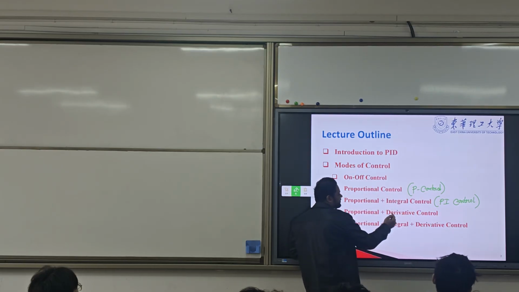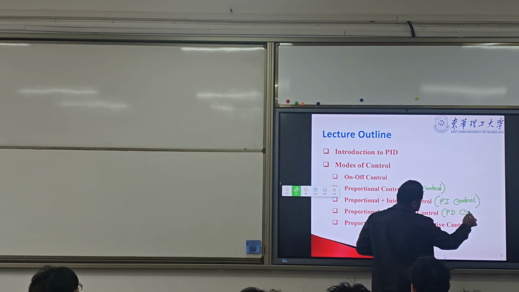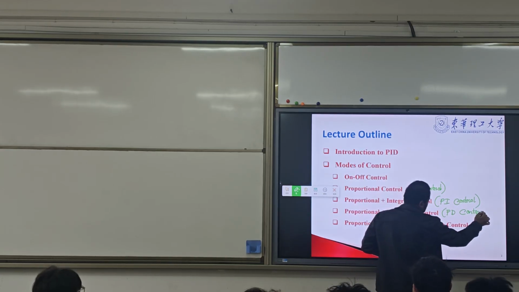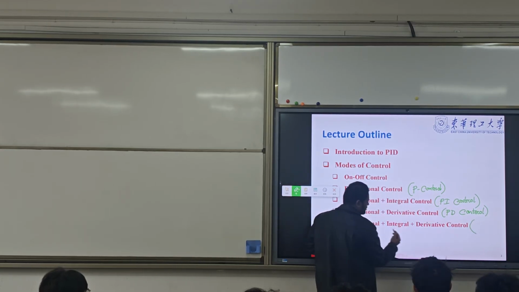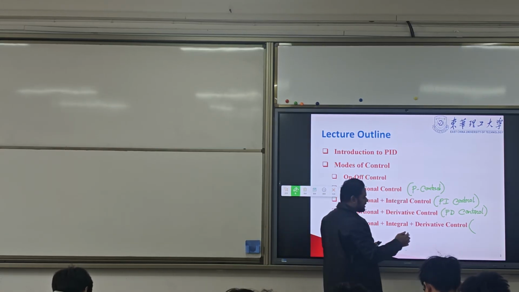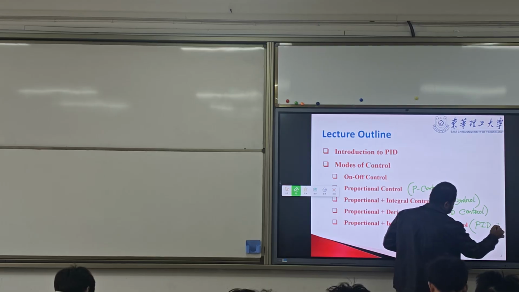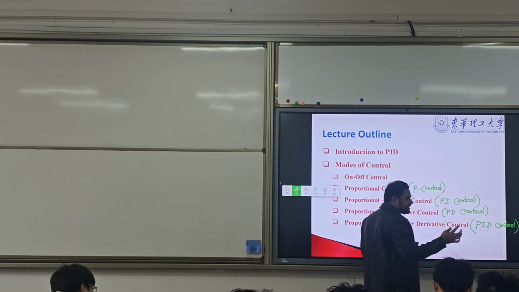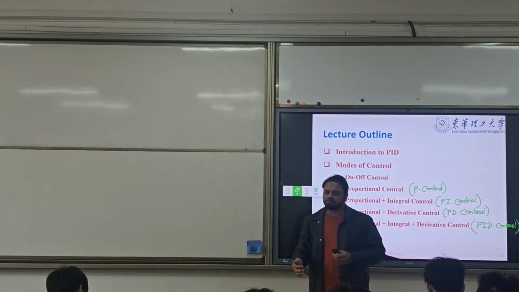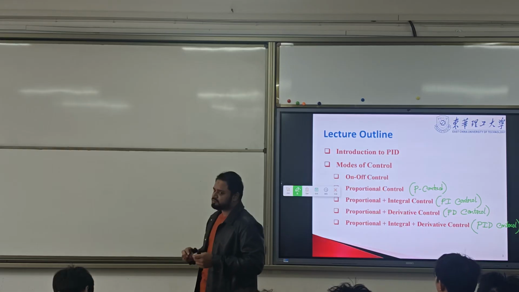This proportional derivative is called PD. And lastly, we will combine all these three, which is called PID control. These are the basic controls of any control system we use.